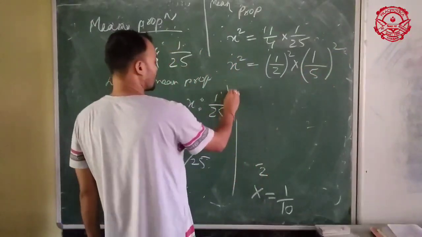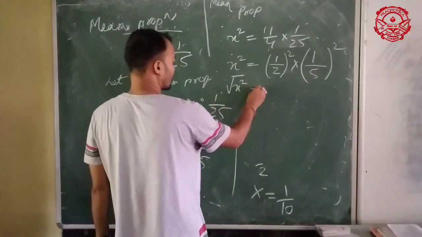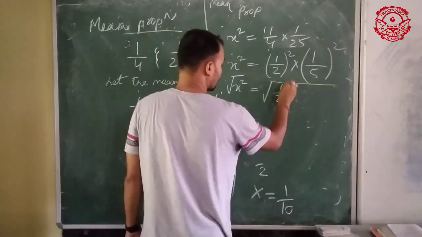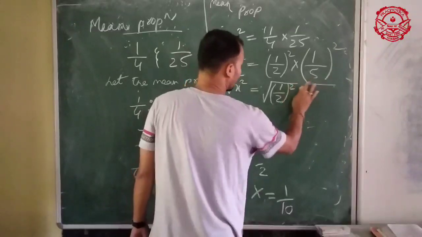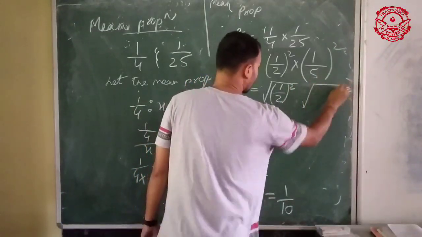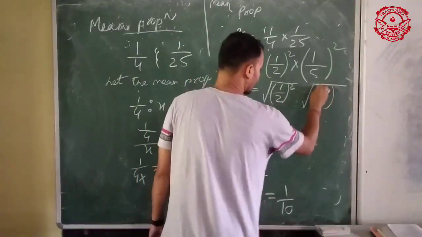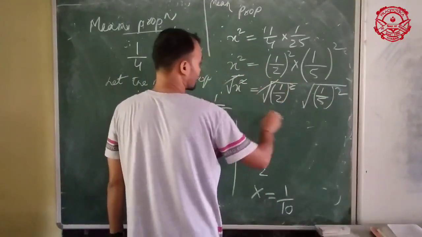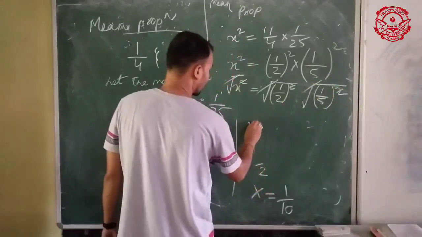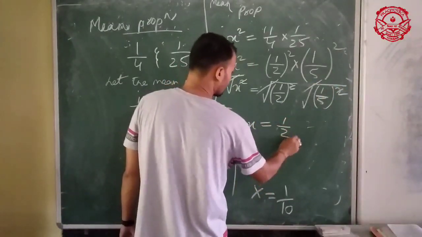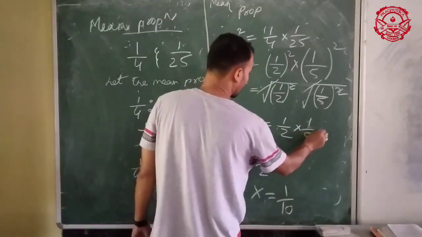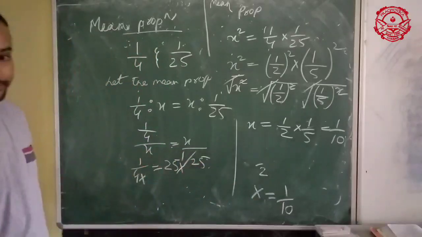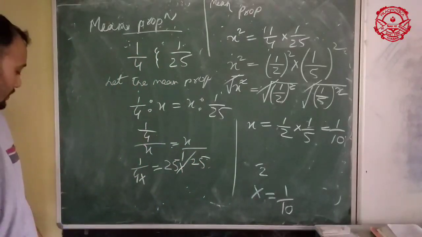Now if we take the square of both sides, the square and square will get cancelled out. That is x equal to 1 by 2 into 1 by 5, that is 1 by 10. The same answer we are getting. Fine.